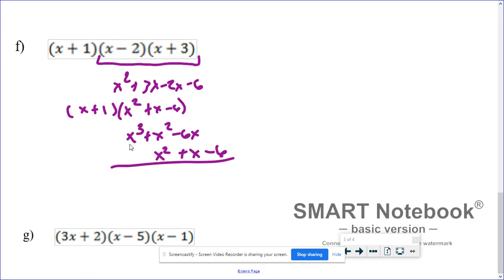Then you combine like terms and you get x cubed plus 2x squared minus 5x minus 6. So that is a cubic polynomial with 4 terms.